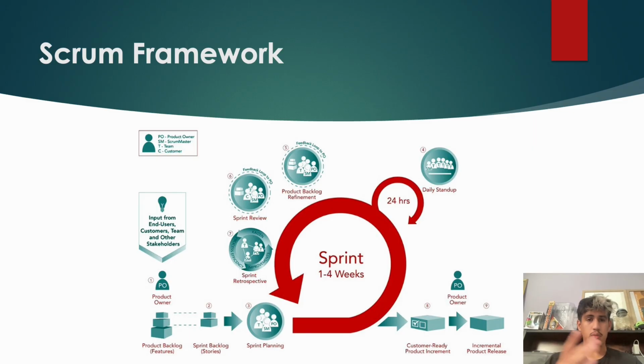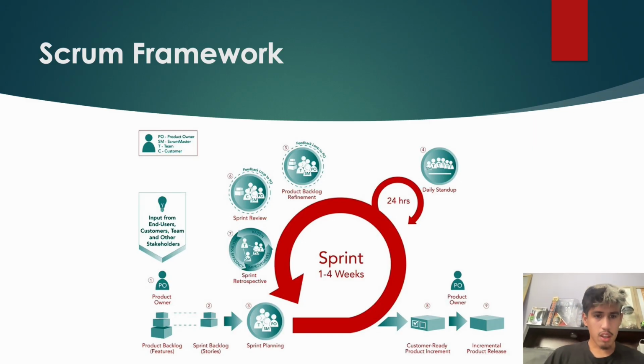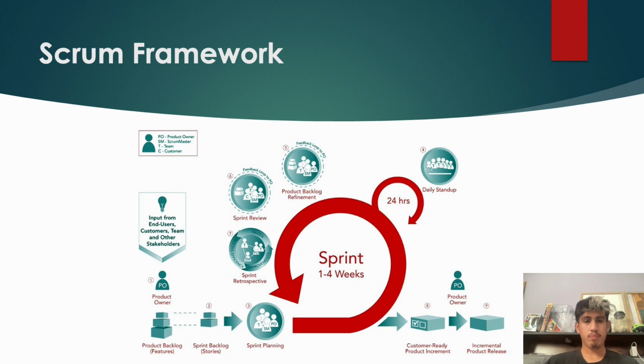Then you've got sprint reviews, product backlog refinement, and sprint retrospective. And then the daily stand-up is a 24-hour process. Then you've got the customer-ready product increment, then it goes to the product owner, and then incremental product review. And that is the Scrum framework.